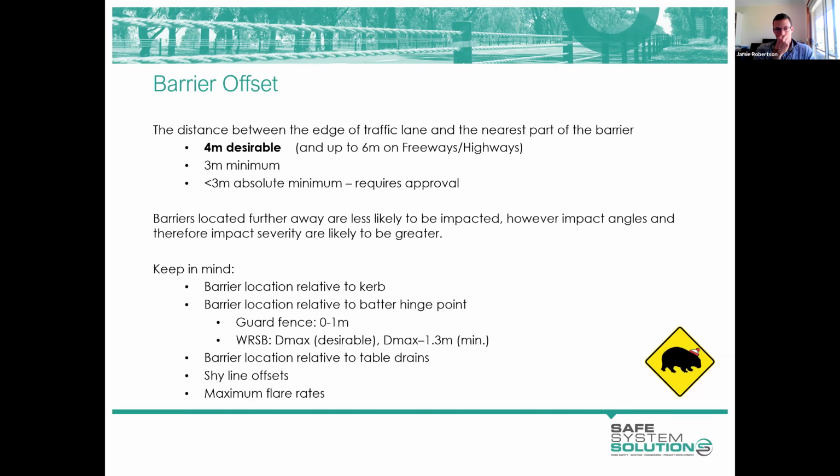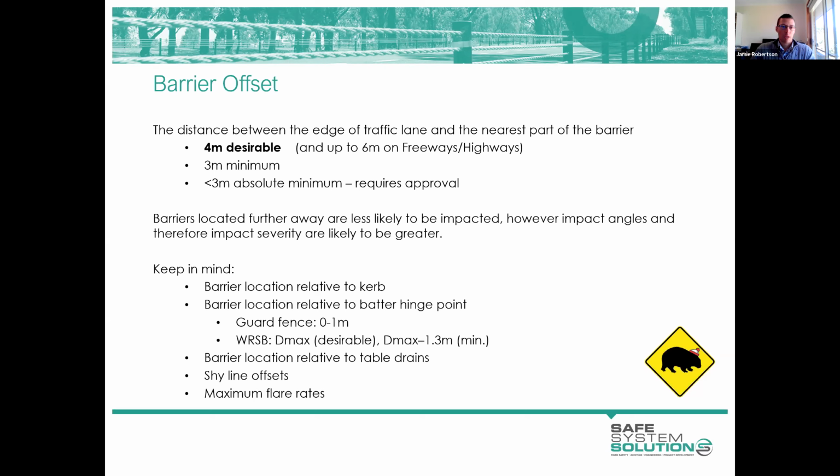Yeah, no, look, I think no and no are the answers. There is an approval process for VicRoads roads, and offsets of less than 3 metres require approval by, I think it's the regional director.